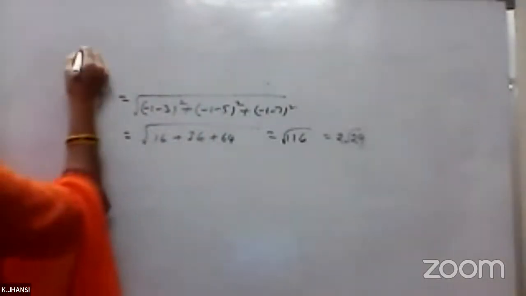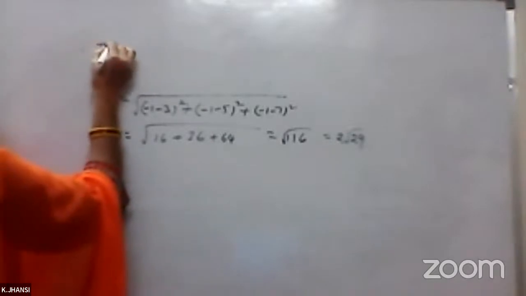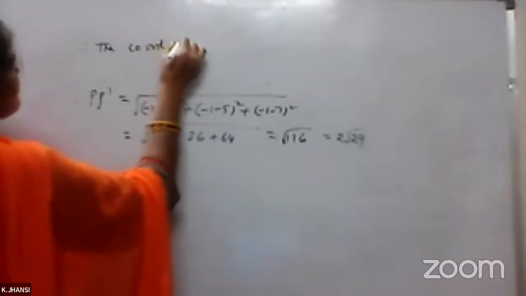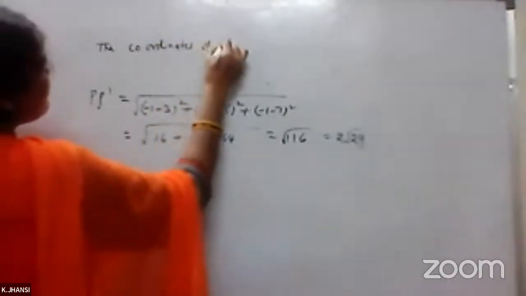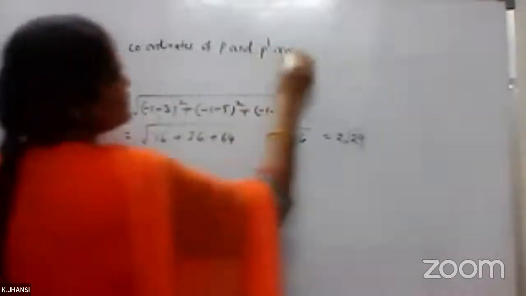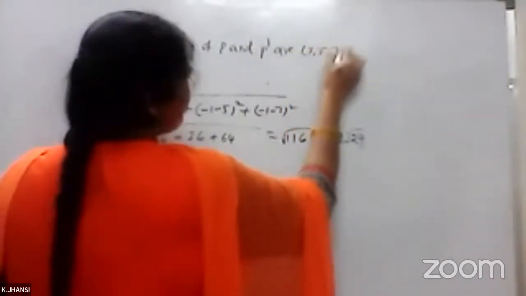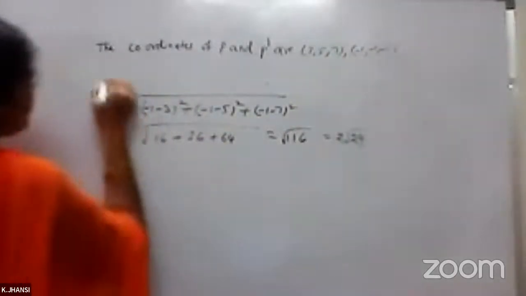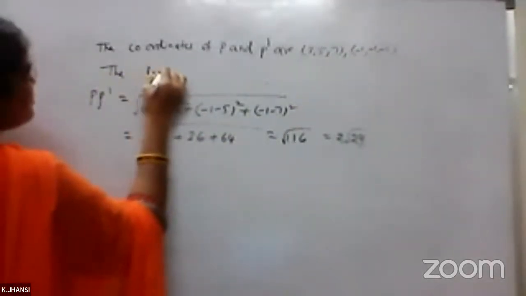Therefore, the coordinates of P and P dash are 3, 5, 7 and also -1, -1, -1. Now you write the length of the shortest distance.